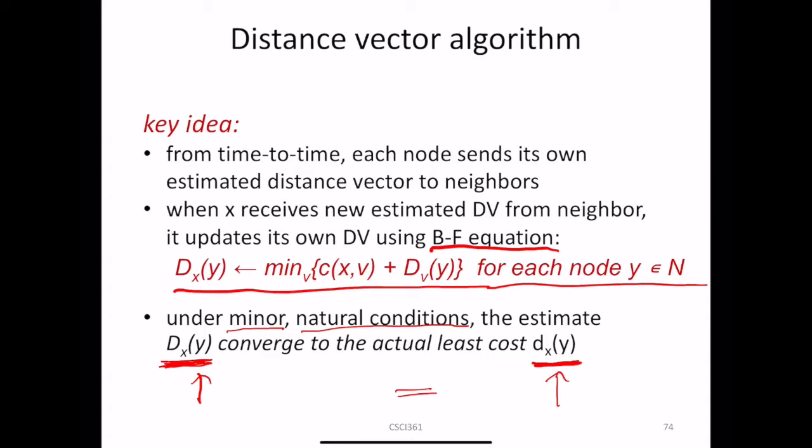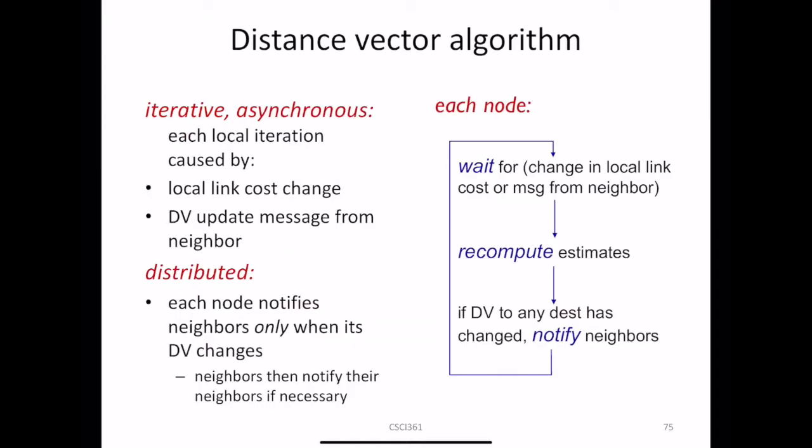So that's the key idea of a distance vector algorithm. And also, iteratively and asynchronously, each local iteration will be caused by this local link cost change and the distance vector update message from neighbors.